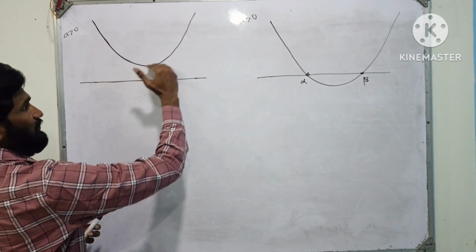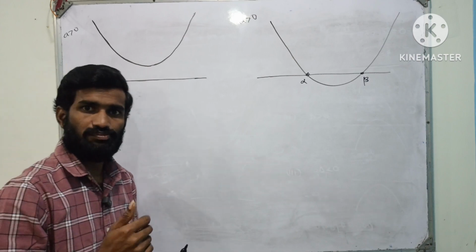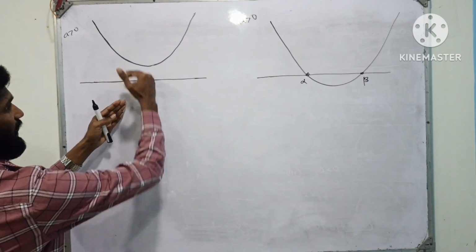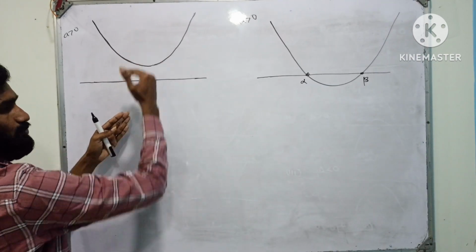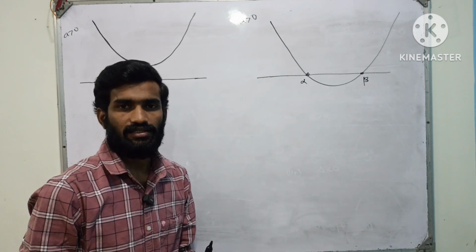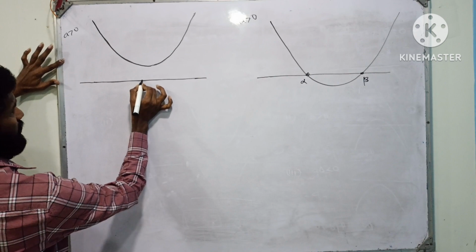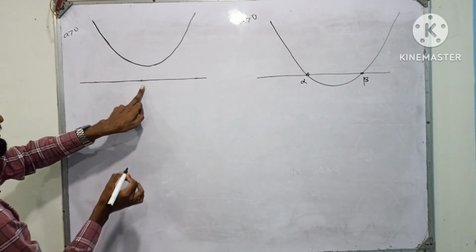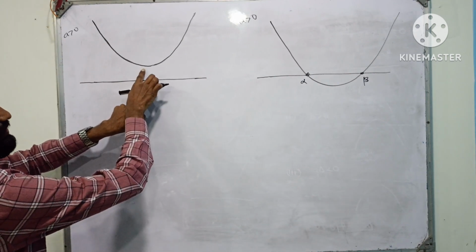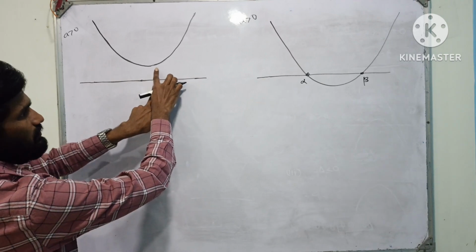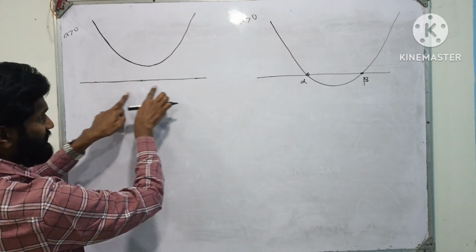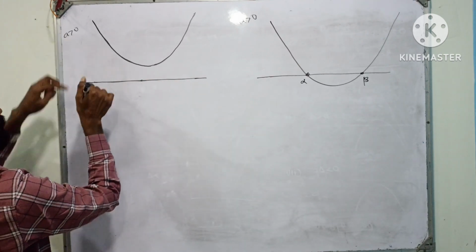The value of this graph is always positive because it is entirely above the x-axis. For example, at 0 you are getting positive, at 1 you are getting positive.